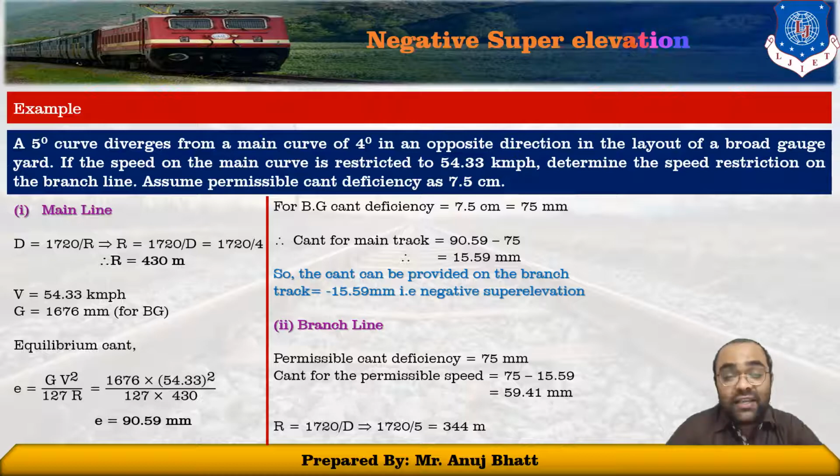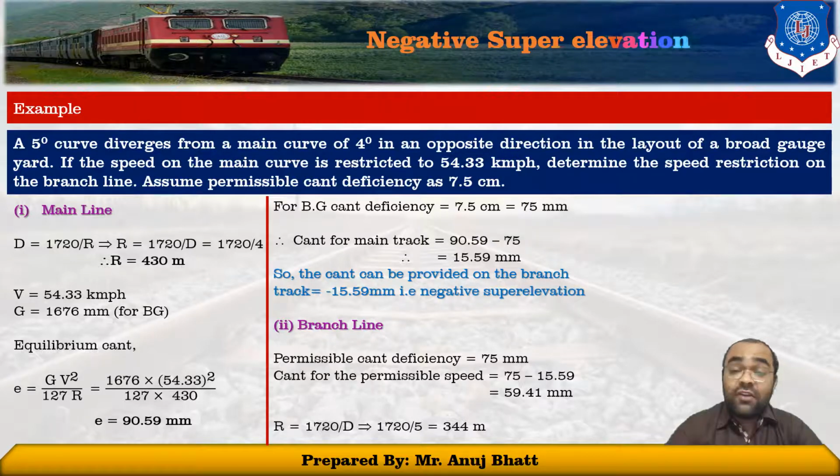Now this particular cant is what we have to provide on the main line. So at the branch line, the negative superelevation that we have is minus 15.59 millimeters. For the branch line, the permissible cant deficiency, which is already given, is again 75 mm.